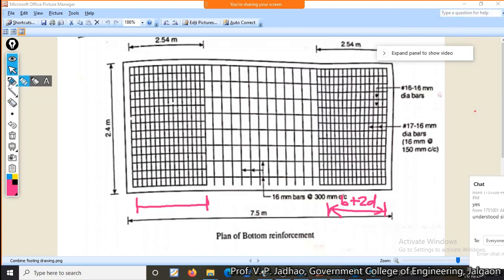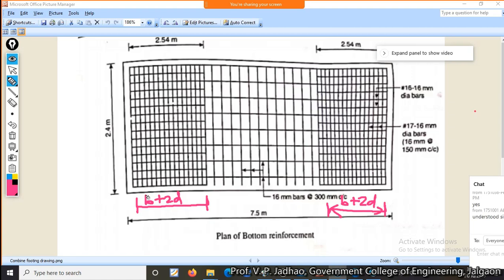Again, in this region also we have to provide, this was B plus twice D.